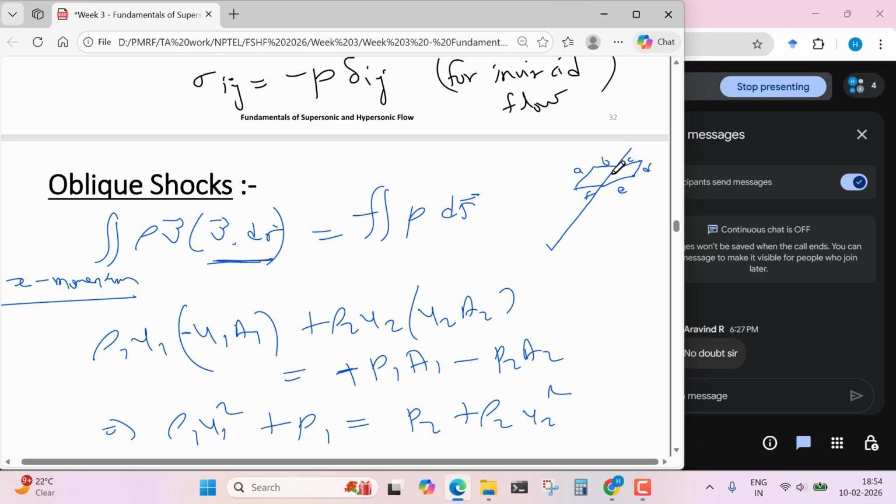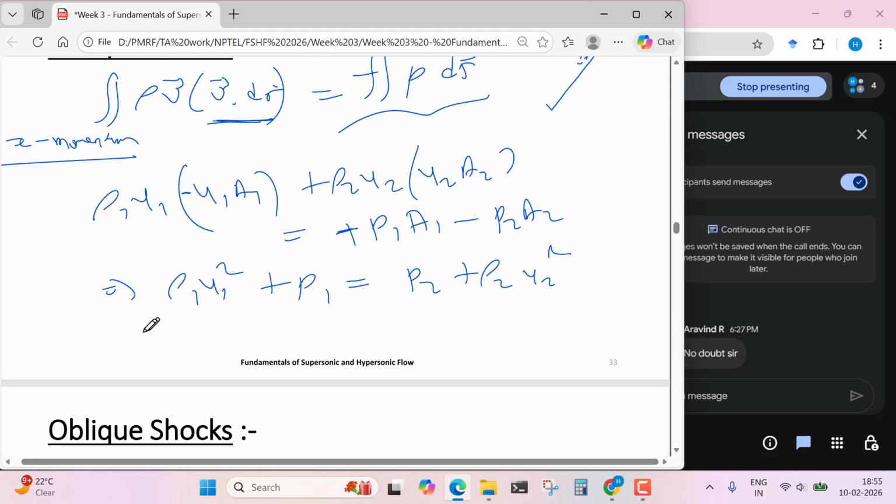You might have questioned why for this pressure term we are not considering these surfaces b, f and c, e. Because for this the normal is this side, for that the normal is this side, but the pressure value is the same. So the sum of these two will be 0. Similarly, the sum of these two will be 0. So we don't need to consider these surfaces for the pressure value. If we simplify, we will get p1 plus ρ1 u1 squared equals p2 plus ρ2 u2 squared. This is the x momentum equation.